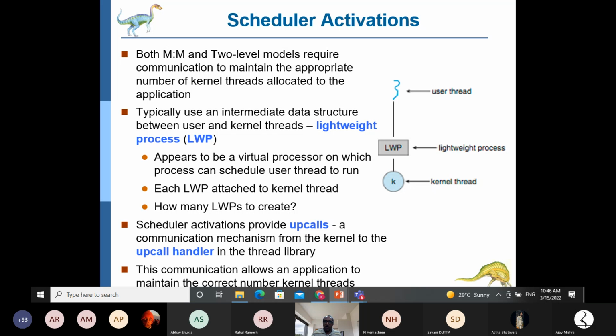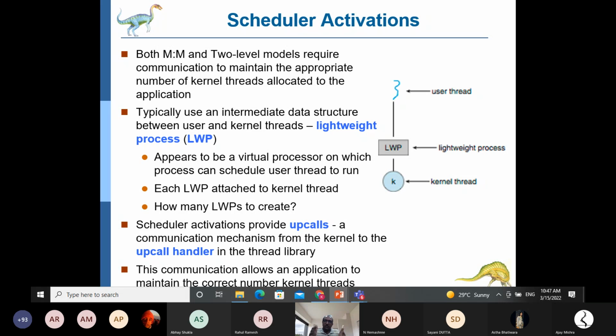This blocking state of the particular thread will be informed to the user library, because at the user level there are 10 threads, but at the operating system level there are only 3 or 4 threads, and those 10 threads will be scheduled onto these 3 or 4 threads. Now one of the user level threads is blocked, and that is not known at the user library.